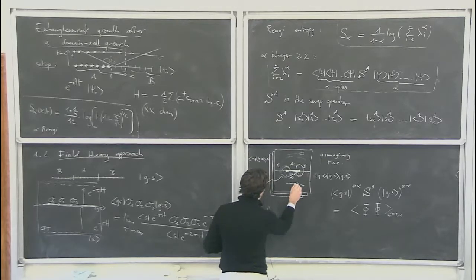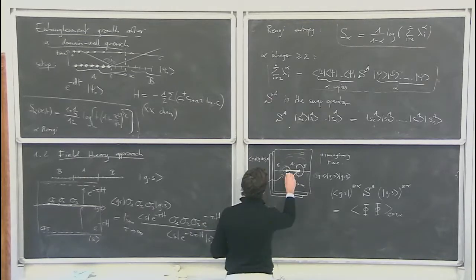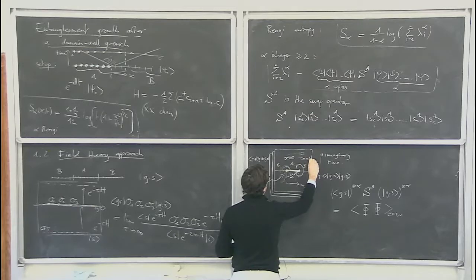Now let's give some names to these two positions. Let's just say that this one is at x equals 0, and this one is at x equals LA.